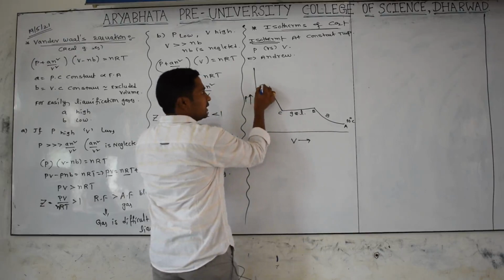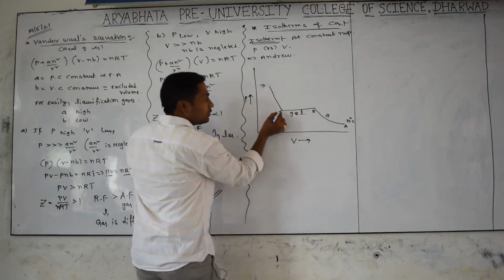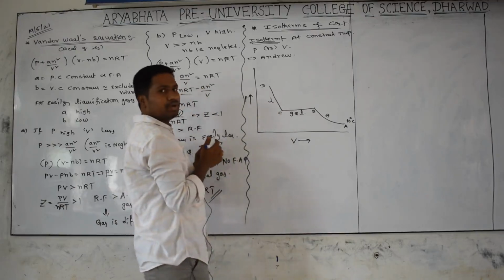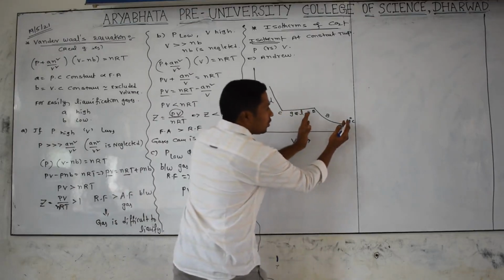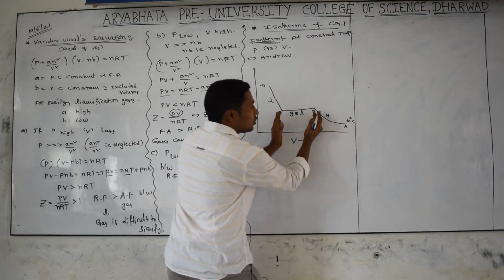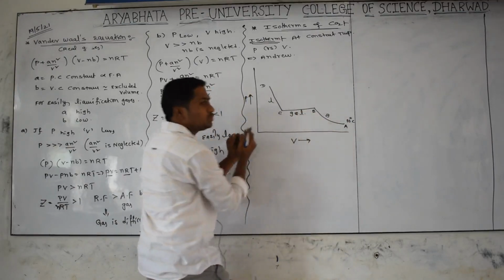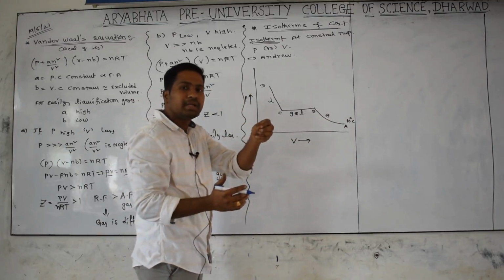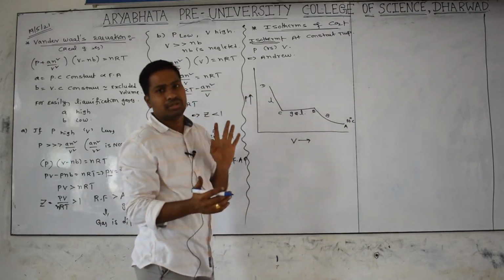This is the D point. After crossing a certain pressure, the gas is totally converted into liquid. That's why a lot of volume change came here. Here also a lot of volume change, but after this the volume change is very small. Why? Because on liquid and solid materials, if you apply pressure, there is not much effect.